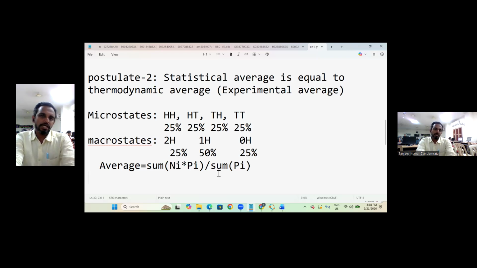Sum over n. So we have 0 heads with a probability of 1 by 4, 1 head with a probability of 1 by 2, plus 2 heads with a probability of 1 by 4.